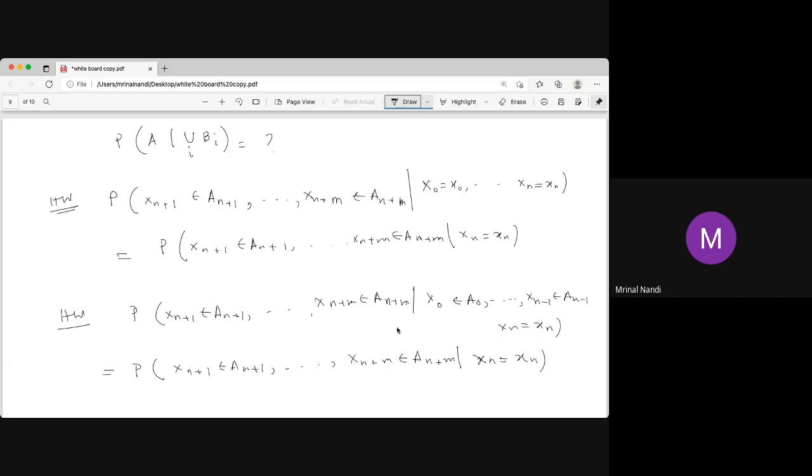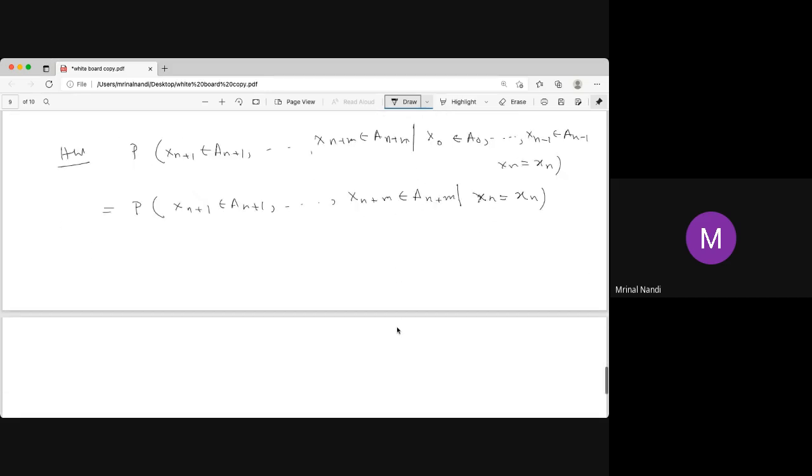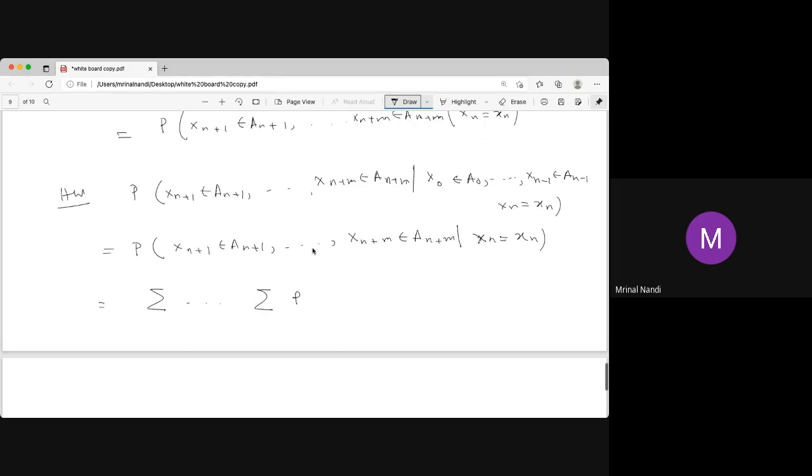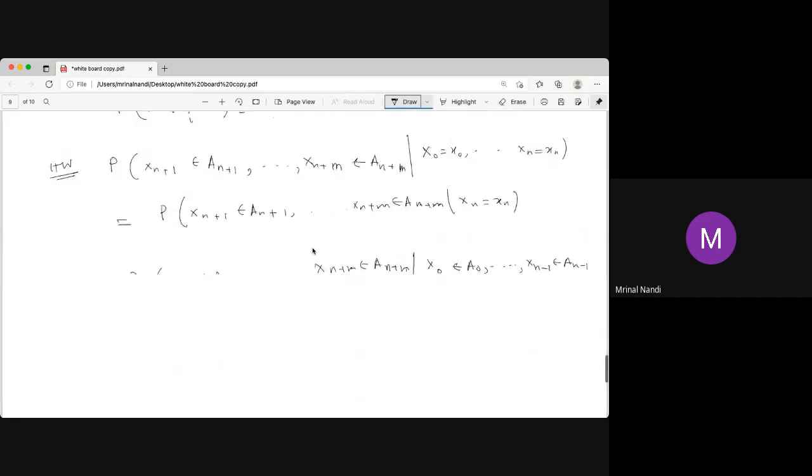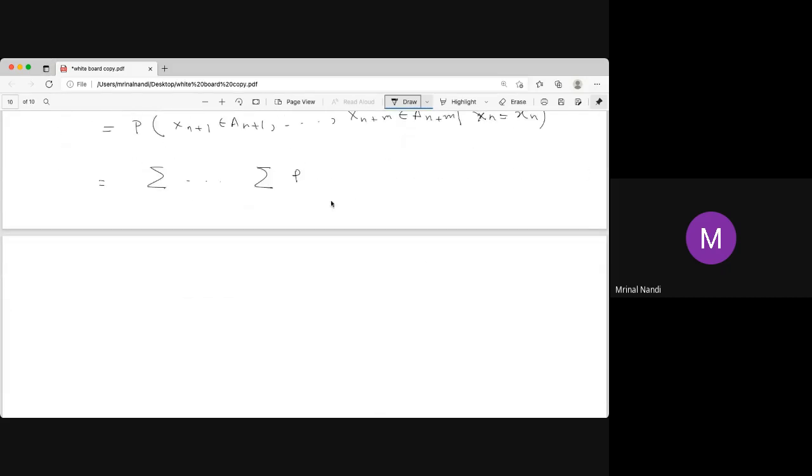You can directly prove that. So it is nothing but what? This is nothing but a sum over, you need m sums. With a single union, there is a single sum. With multiple unions, it is a multiple sum. So it is the sum over xn plus 1, xn plus 1 equal to xn plus 1, dot, xn plus m equal to xn plus m, given xn equal to xn.